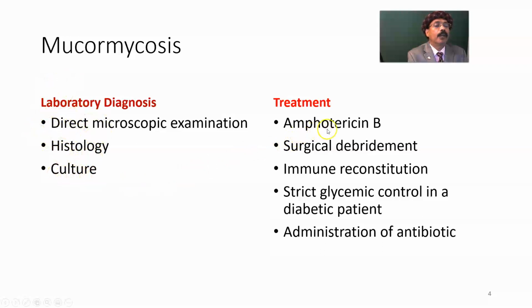Treatment is by amphotericin B, a very potent antifungal medication, which is the medication of choice. Also surgical debridement, immune reconstitution if possible, strict glycemic control in a diabetic patient, and administration of antibiotics.